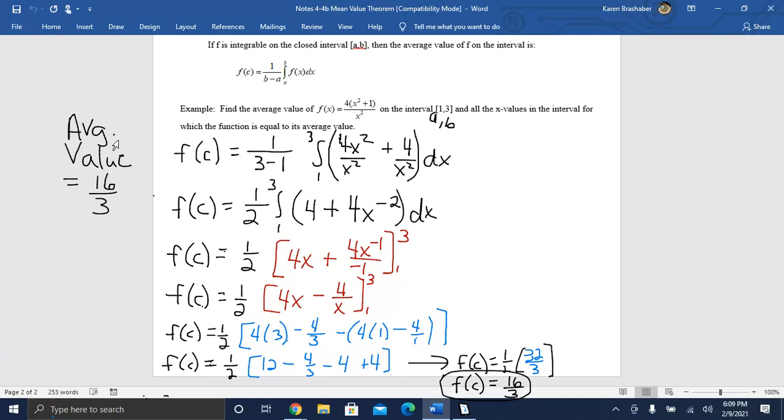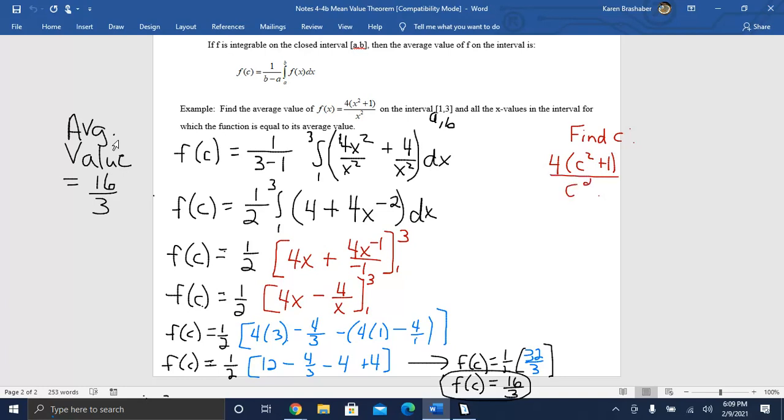So to find c, we're going to use our original function using c in place of the x. So to find c, we'll take the original function. So 4 times c squared plus 1 over c squared.